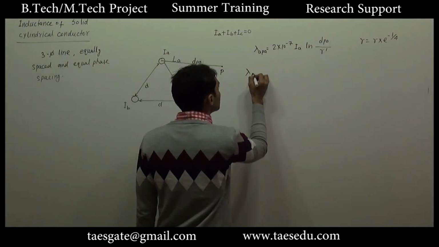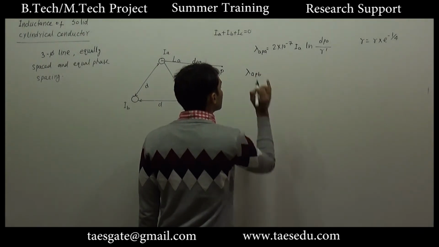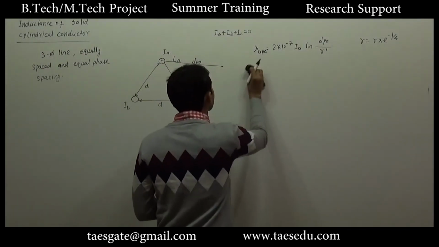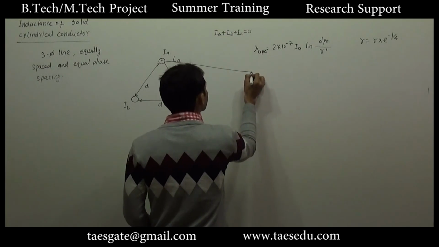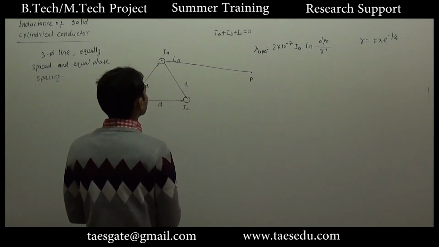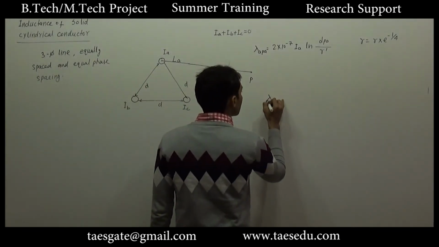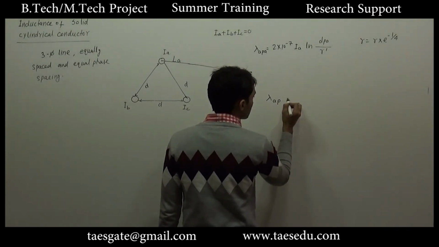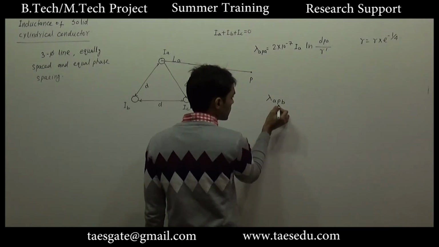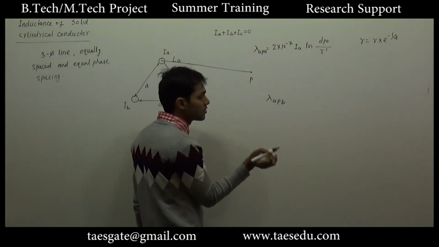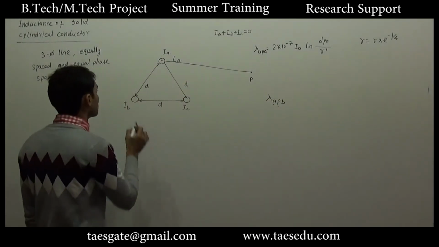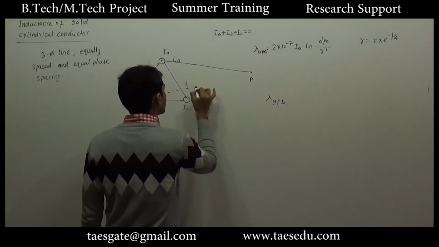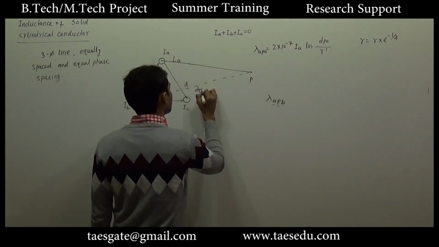Similarly, flux linking to A between P and B. Let's say P point is here. That is P point. So to calculate flux due to conductor B, which is between P and A only. This is the conductor B. This distance will represent dPB.